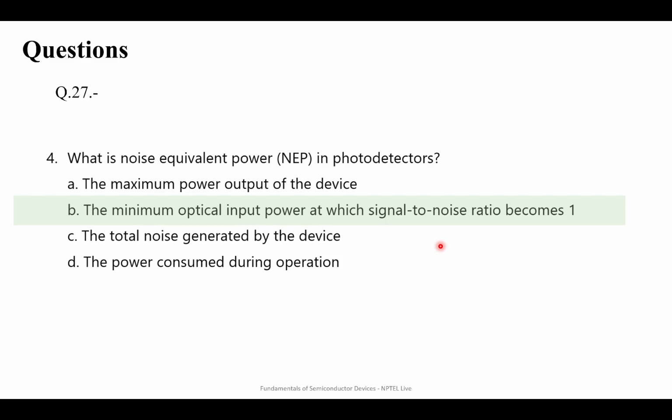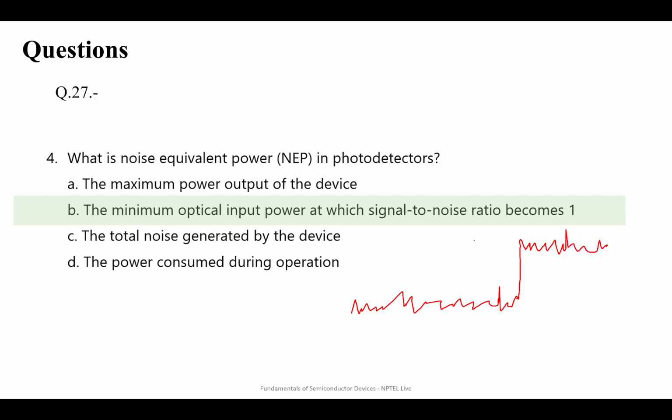Sir, explain one more time. I cannot get it. Yes, so let's say I'm not shining any light, I'm getting some random electrical signal like this. So there is an electrical signal and there is some noise in it. And when I'm shining input light, it will go up and there will be noise like this in the signal.